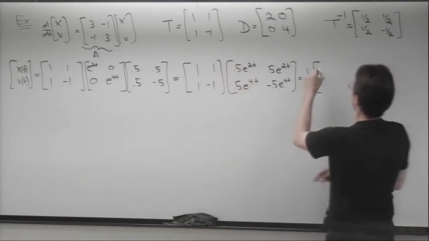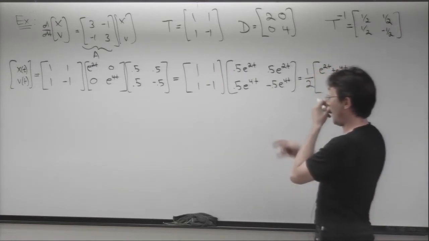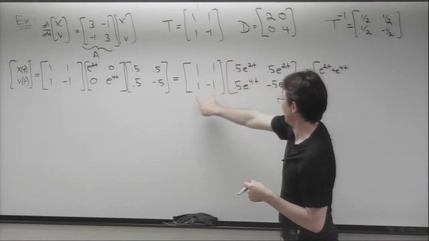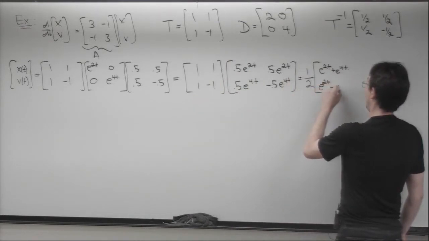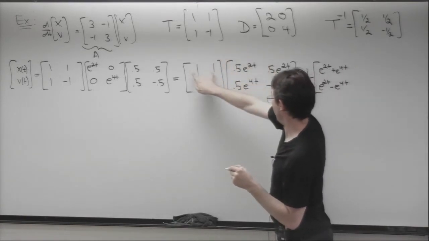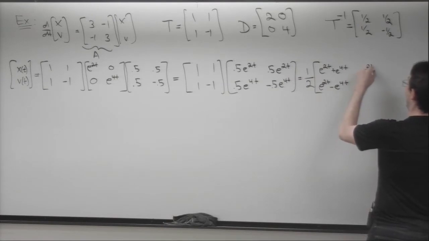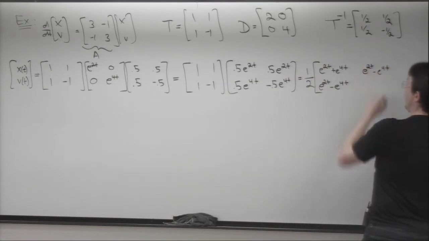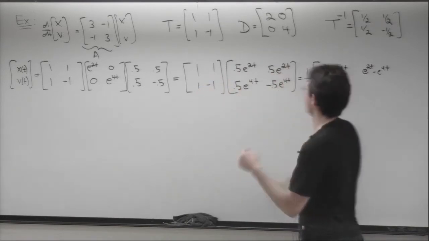So I get e to the 2t plus e to the 4t. Then I get e to the 2t minus e to the 4t, then e to the 2t minus e to the 4t.